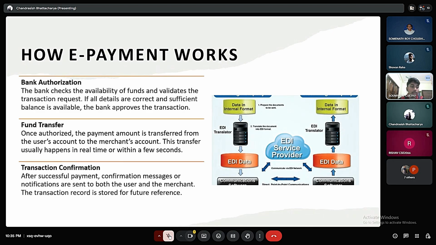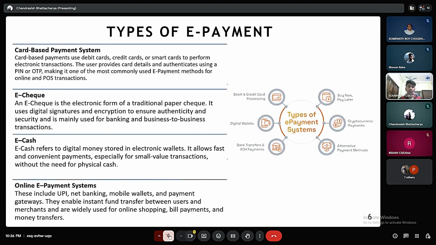This transfer usually happens in real time or within a few seconds. Transaction confirmation. After successful payment, confirmation messages or notifications are sent to both the user and the merchant. The transaction record is stored for future reference. The next slide will be presented by Chandrajit Bhattacharya.